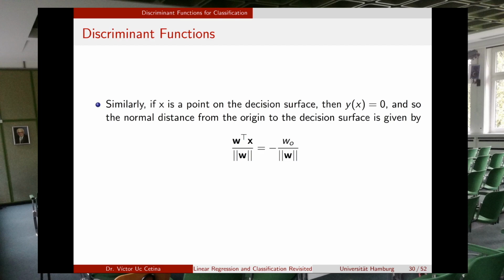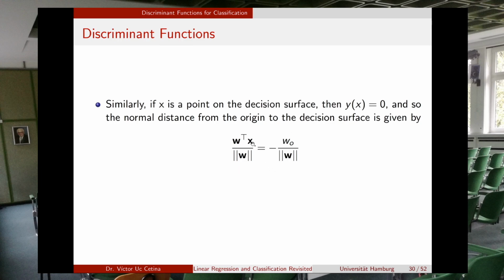Okay, so if x is a point on the decision surface, we know that the evaluation is 0, and we can see that the normal distance from the origin to the decision surface can be given by this expression. So what are we doing here?